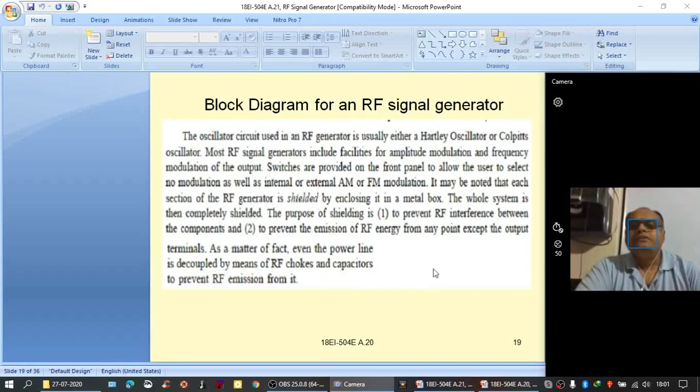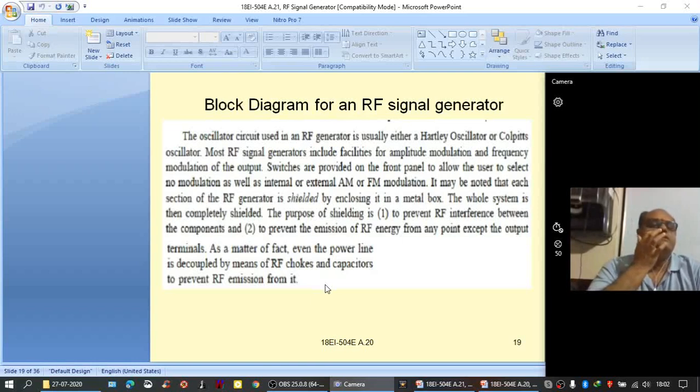As a matter of fact, even the power line is decoupled by means of radio frequency chokes and capacitors to prevent RF emission from it. How does an RF signal come out from the supply mains? As such, the supply mains produces a 50 Hz signal. But how do we expect radio frequency signals?